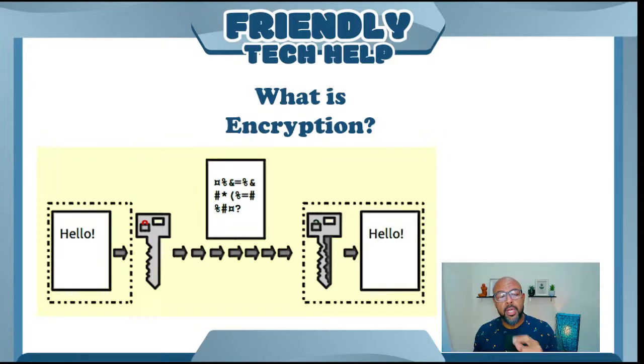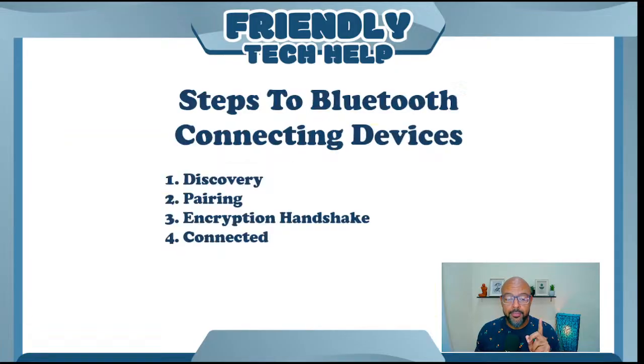The person on the other end of the encryption is the only person that has the key, which means this is private communication. So, the point of this is that there's an encryption handshake that happens between your phone and your earbuds or your phone and your car, which means no one can eavesdrop on that communication channel between your Bluetooth devices, right? It is a private, secure connection.